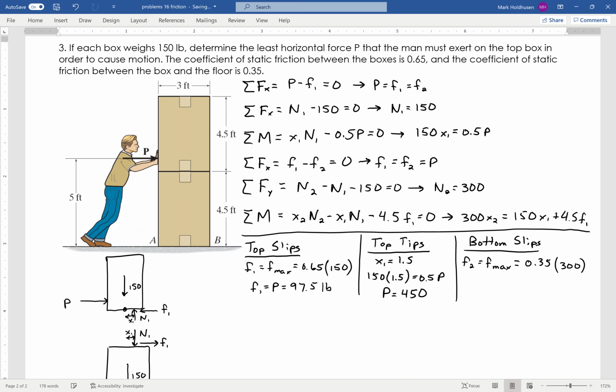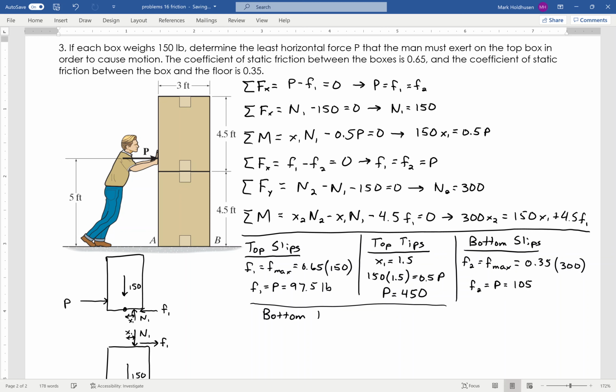It's basically both boxes pushing down on it. And what we know is that F2 also equals P from above. We calculate that to be 105. This also will not happen. 97.5 is smaller than that one. So at this point, top slip is the most likely, but I have one last one to look at, and that is bottom tips. Basically, the whole thing tips over.